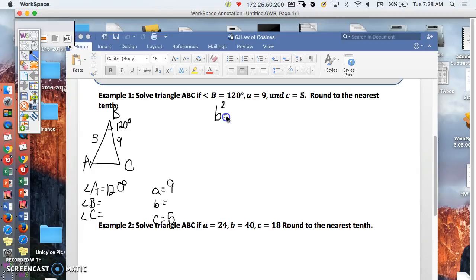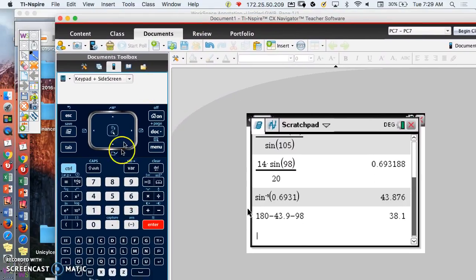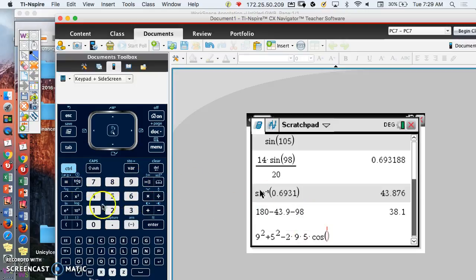So b squared equals a squared, the other sides, 9 squared plus 5 squared minus 2, and then those other sides again, times the cosine of 120. And let's see. So we have 9 squared plus 5 squared minus 2 times 9 times 5 times the cosine of 120.